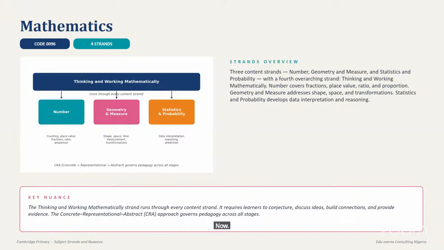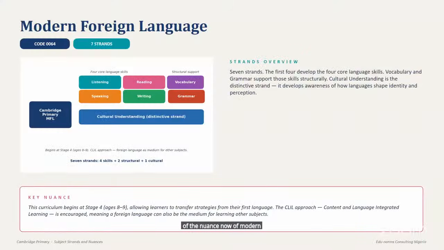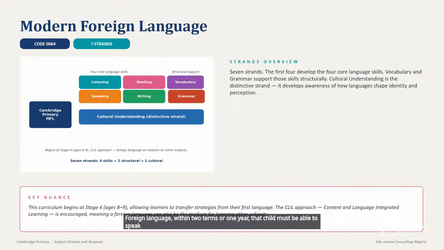So the nuance of modern foreign language is that at the end of one session, 3 terms, a child learning any foreign language, French, Mandarin, Spanish, Japanese, Portuguese, if a child learns that language within 2 terms or 1 year, that child must be able to speak the language.